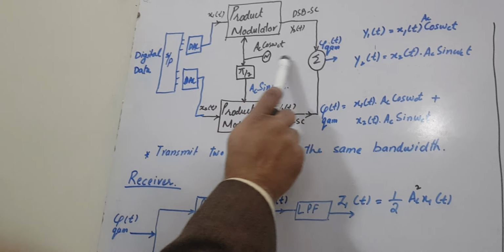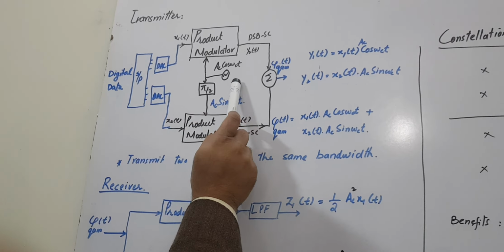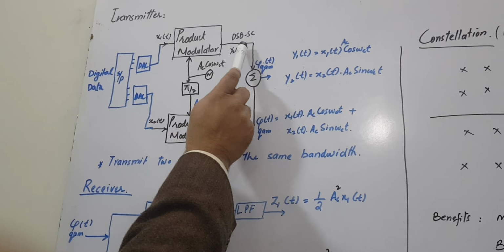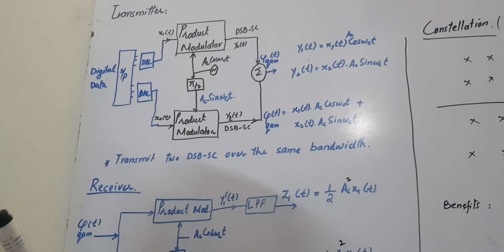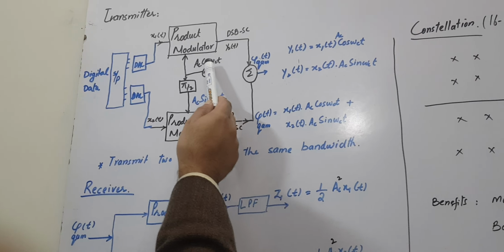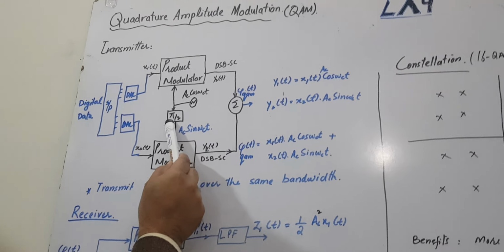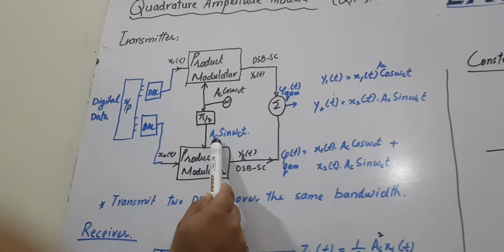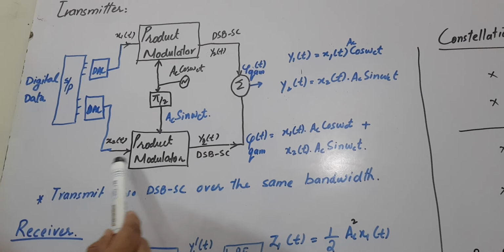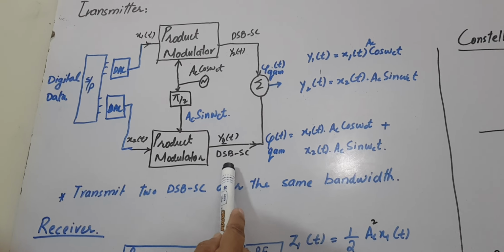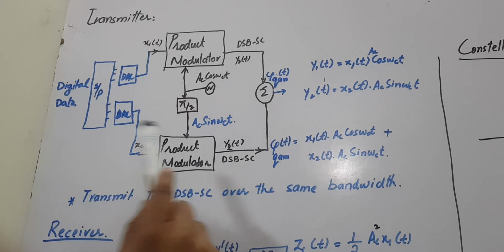This is the upper arm, the upper modulator, and we give Ac cos omega ct, and we get the double sideband suppressed carrier signal y1(t). Then we pass the same carrier through the 90-degree phase shifter, and we get Ac sin omega ct, which goes to the product modulator with x2(t), and on the other arm we get a double sideband suppressed carrier signal.